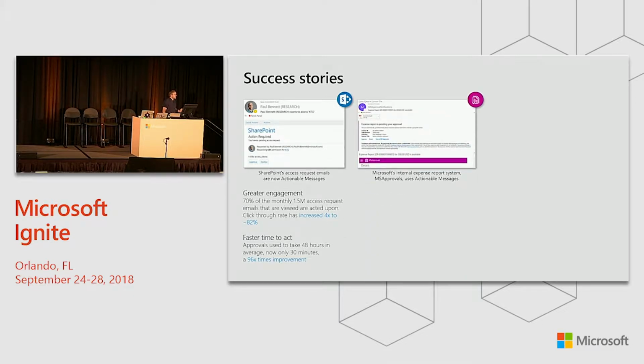Our internal expense system is also one of the main experiences that's moved to actionable messages. And there too, there's been tremendous engagement. They are saving money. The estimated money savings that they did last year was $8 million.